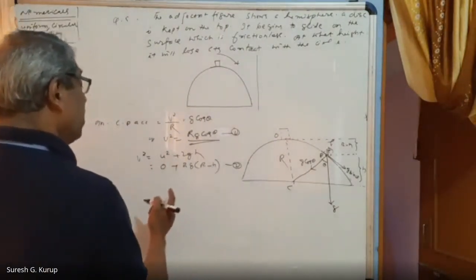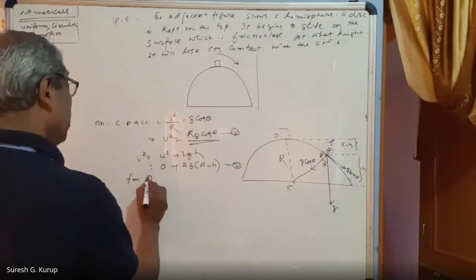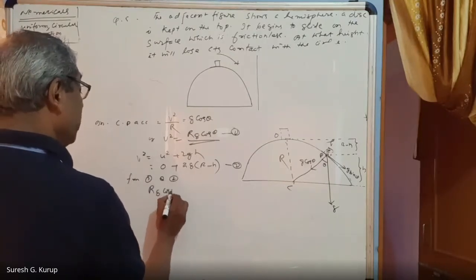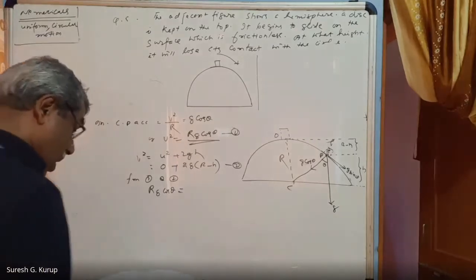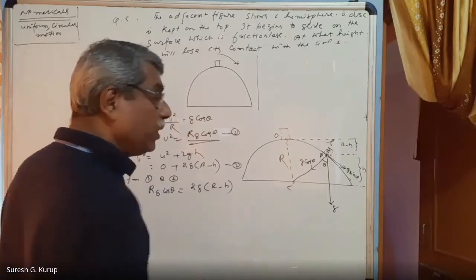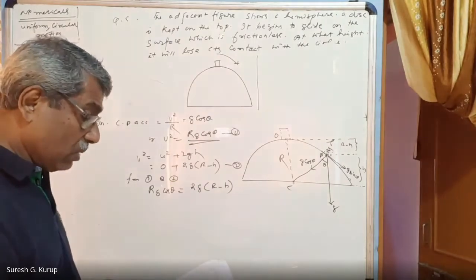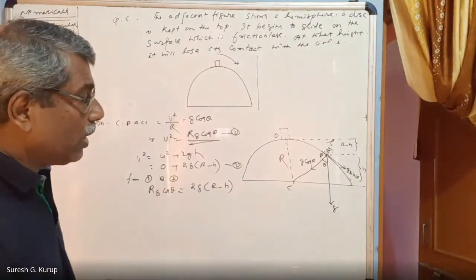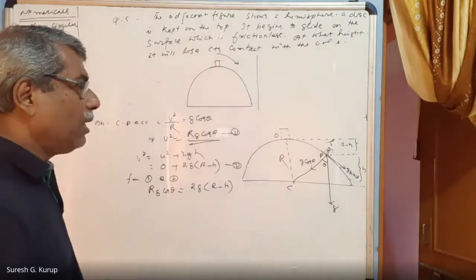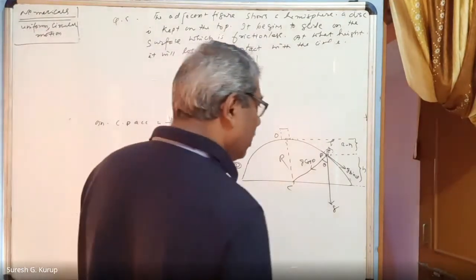equated. Therefore, from 1 and 2 you write, rg cos theta is equal to 2g into r minus h. Now, the value of cos theta can be calculated. Cos theta is equal to h by r. That also can be calculated, h divided by r. Right?